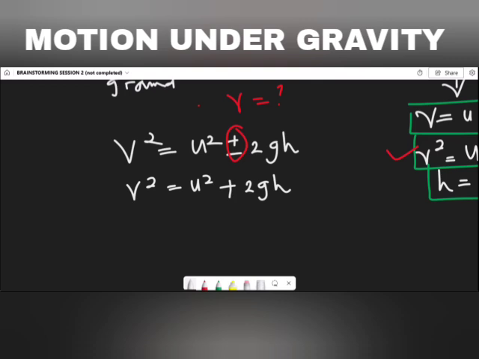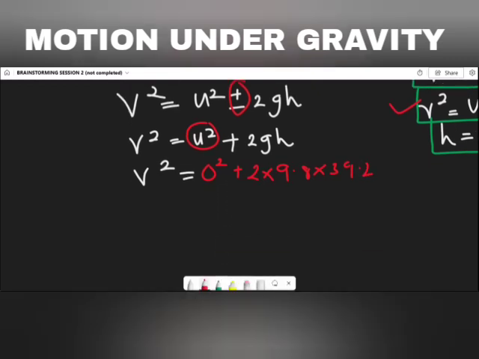Now I can get the value of my velocity. So V squared equals, recall that the initial velocity was 0, that's 0 squared, then 2 times the gravity given to us, 9.8, and the height we got, 39.2.